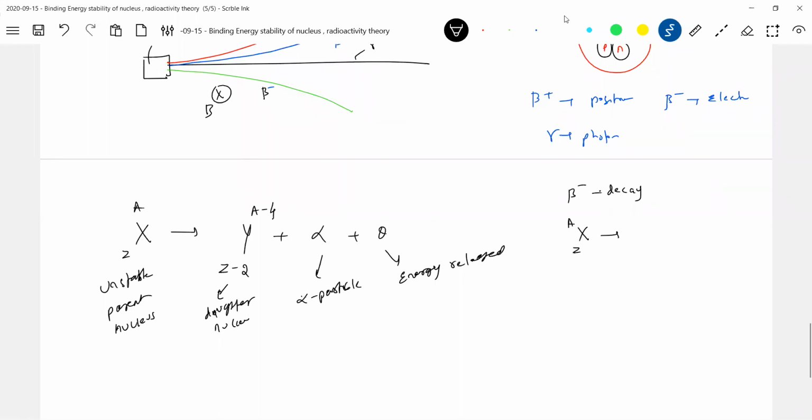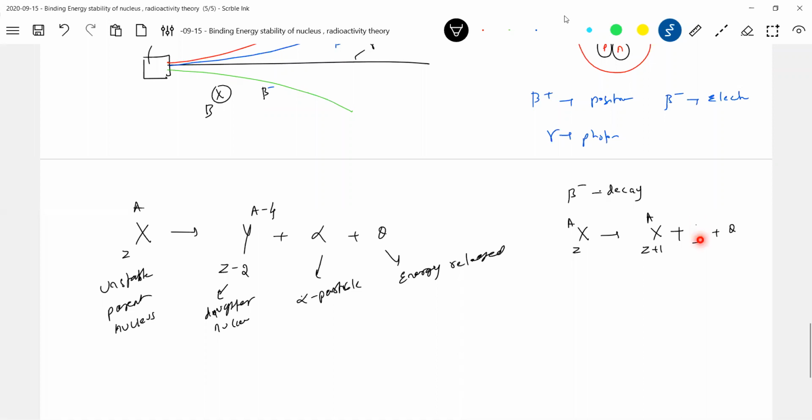Inside, an electron is ejected. If an electron is ejected, the mass number will not change. The charge, the number of protons, will increase by one, and we get a beta particle, which you can write as -1, 0, and some energy released here. So this is beta minus.